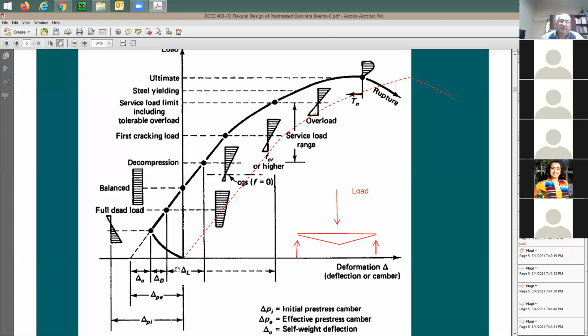Now in pre-stressed, first you're going to be putting the pre-stress force. And this is going to be pushing the beam up. So deflection is going to be negative deflection. It's going to be upward, which we call camber. And look at the camber, it's going to be all the way to here. So this is what you start with. When you apply the pre-stress at the beginning, at PI, you're going to be right here at this point.